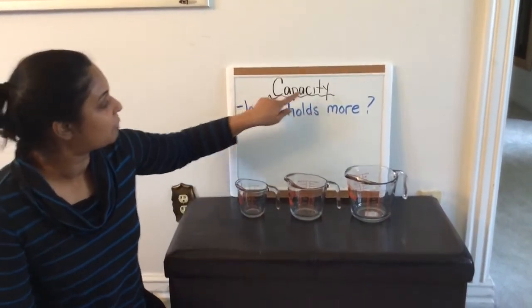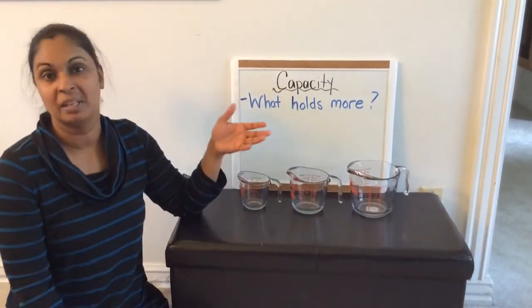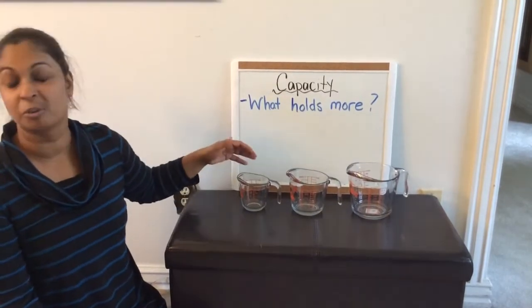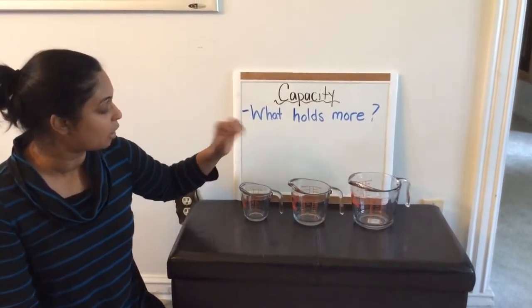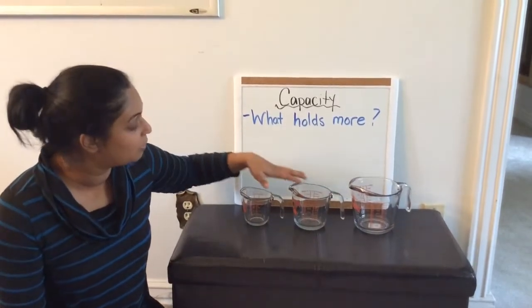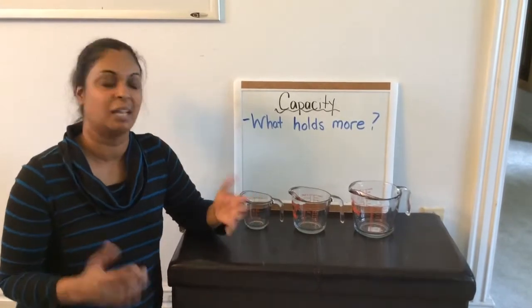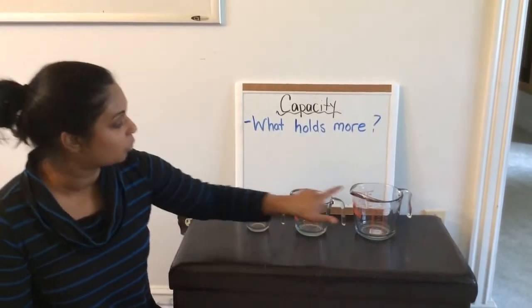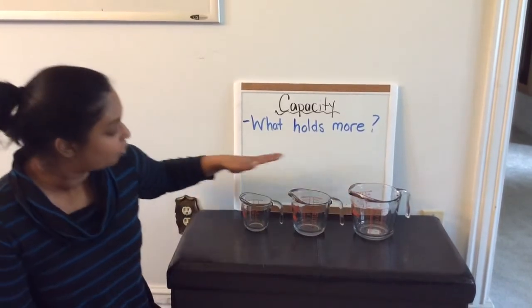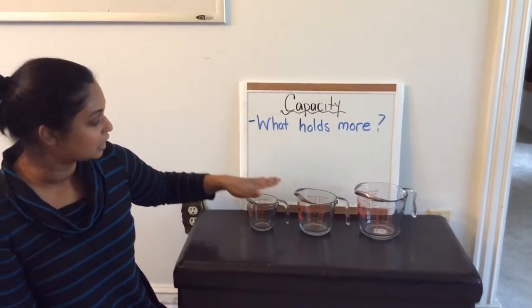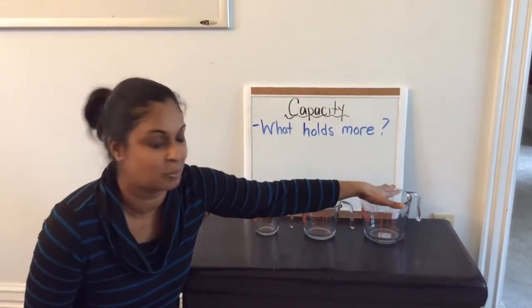When you think about capacity, you're trying to figure out which one can hold the most. It might be liquid, it might be grains of rice, or small particles of some sort in these containers. The easiest way is to think about liquid and see which one can hold the most liquid. In the case of these measuring cups, we can definitely see the smallest one, the next smallest, and then the biggest one.